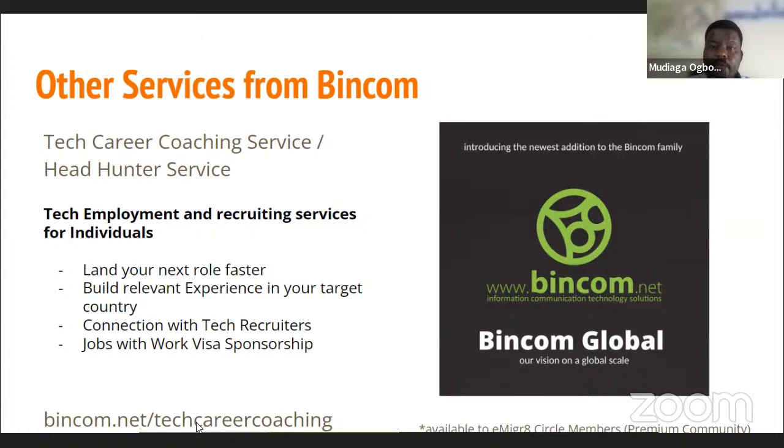So if you are looking for tech roles outside of your primary country, one of the things you're looking out for is which job can sponsor you, to make the migration process a little bit easier. Those are the benefits of this platform. It connects you to recruiters across the world and connects you to jobs with work visa sponsorship.